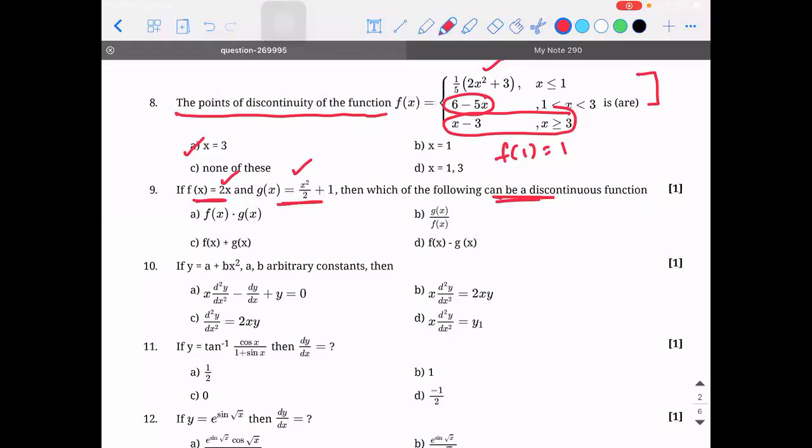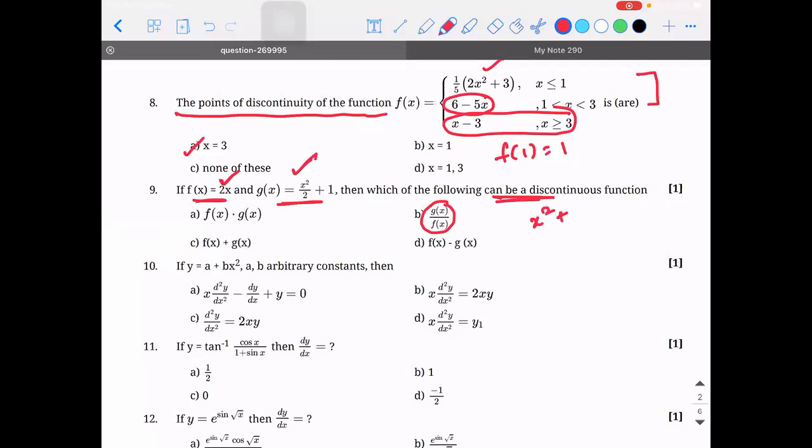So there is a property: if you have two continuous functions, when you add them, you are going to get another continuous function. B is the answer because these two polynomial functions, when written in the form of a ratio, become a rational function. If it is written in the form g of x by f of x, individually f of x is continuous at every point, g of x is continuous at every point.